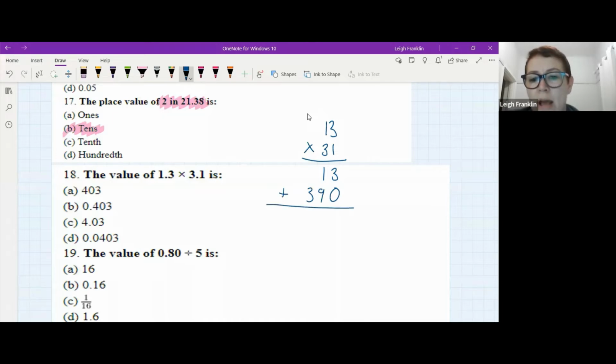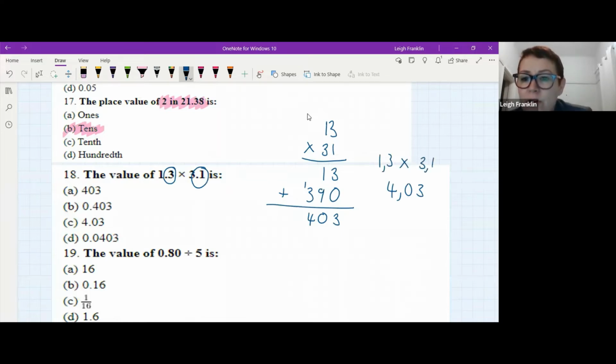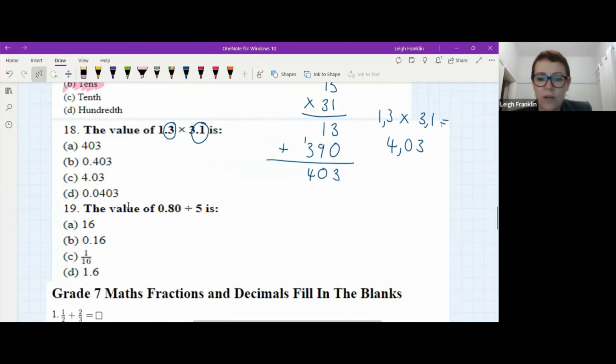And then we add those together. 3 and 0 is 3, 1 plus 3 is 4, and 9 plus 1 is 10. Carry 1, that's 4. In our question there was 1 decimal place and 1 decimal place, so there must be 2 decimal places in our answer. So that's why 4.03 is indeed the correct answer. Well done, Rolibua, for guessing correctly.